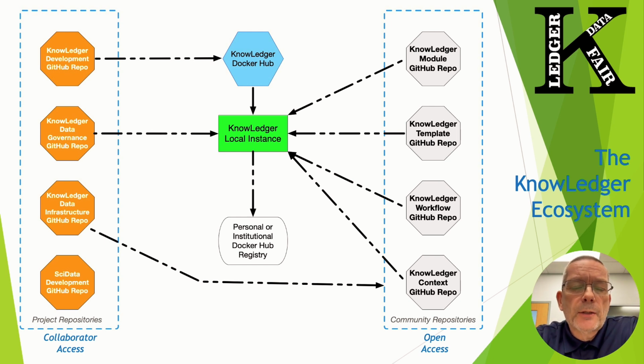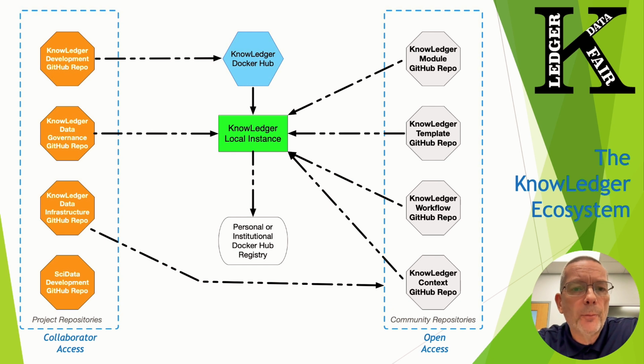So what we decided was we could set up this ecosystem of a large number of GitHub repositories, each one of them focused on a particular aspect that needs to be defined, enabled, and contributed to by the community. So on the left-hand side, we have a set of orange octagons that represent GitHub repositories that will be only available to collaborators that we add to those repositories.